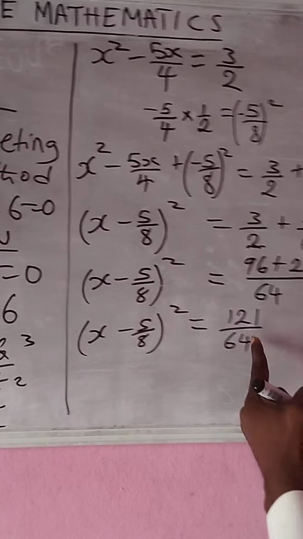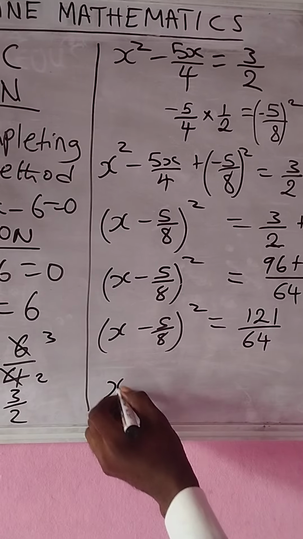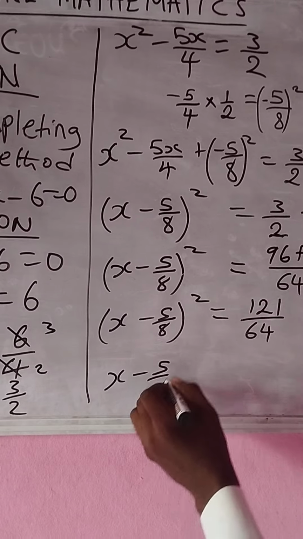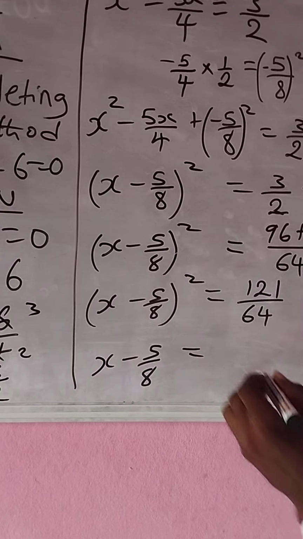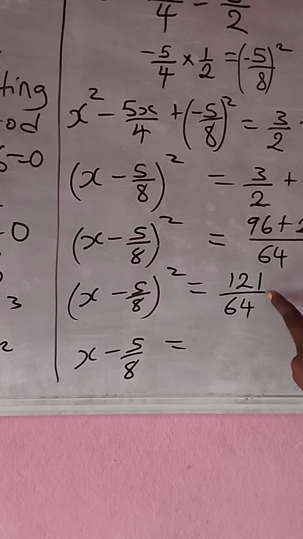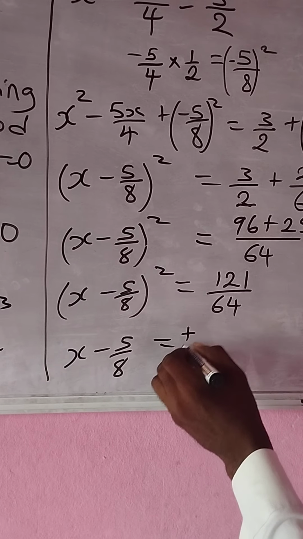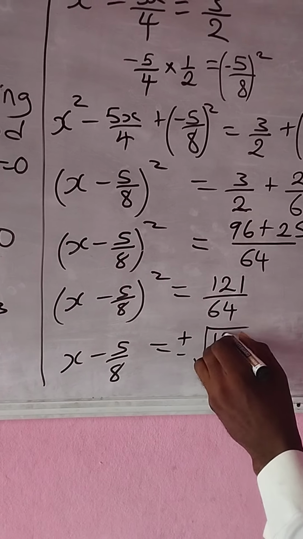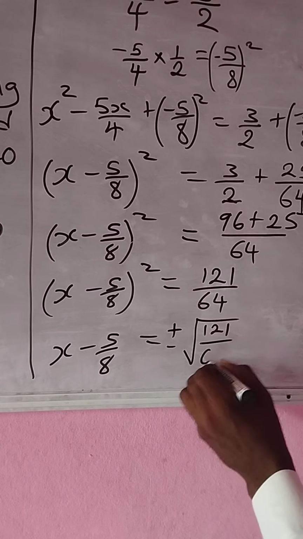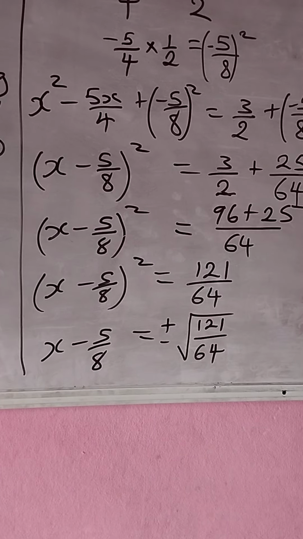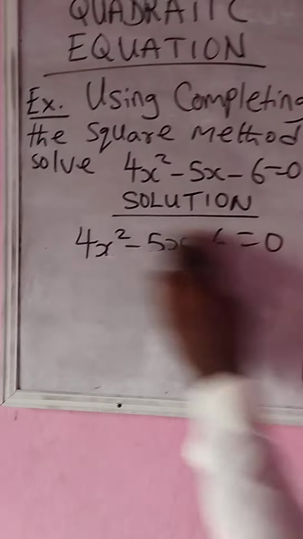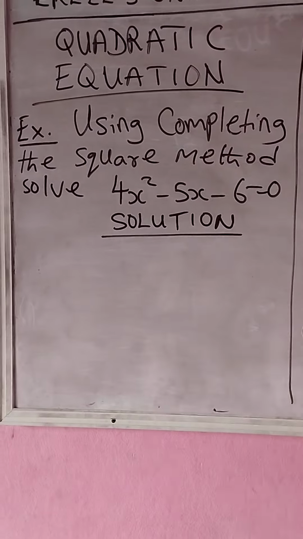So here is square. So let's get the square root of this by writing x minus 5 over 8 equal to, we remove this square by taking the square root of this, plus or minus the square root of 121 over 64. So I'll continue from here. Don't forget.